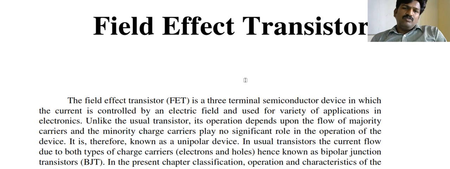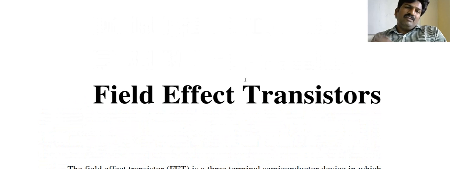Today, we are going to discuss the field effect transistor. There are some differences between BJT and field effect transistor. The field effect transistor is a voltage controlled transistor, but BJT is a current controlled transistor.